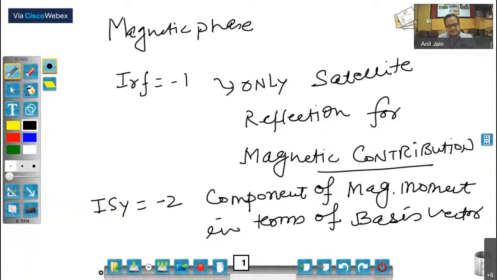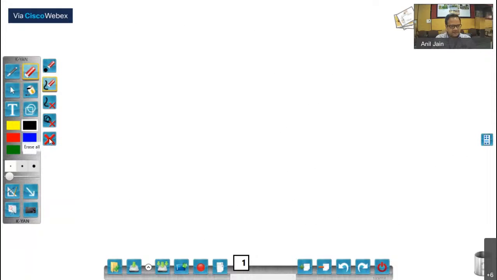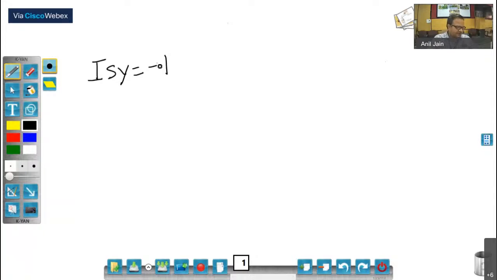Instead of this, like what we did in the last example, we used ISY equal to -1. If I use that, it means I will give the information about this moment in terms of the symmetry operation.